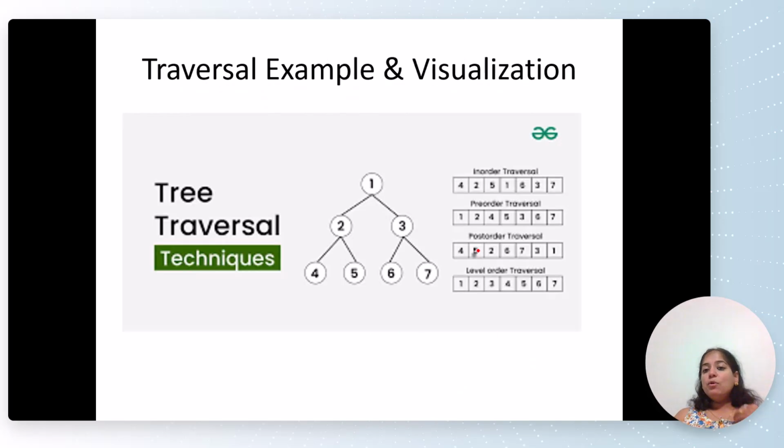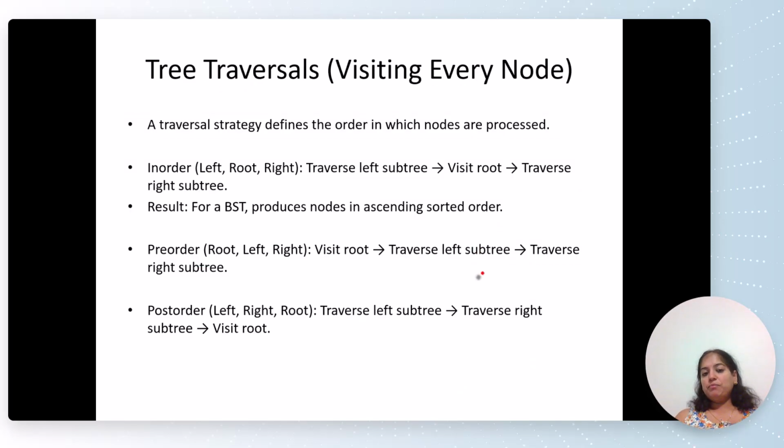Now, if you go on the traversal of this, if you traverse it in order, so if you traverse the left node first, then the root node, then the right node, it is called in-order traversal. In pre-order, it is the root node first, then the left node, then the right node.